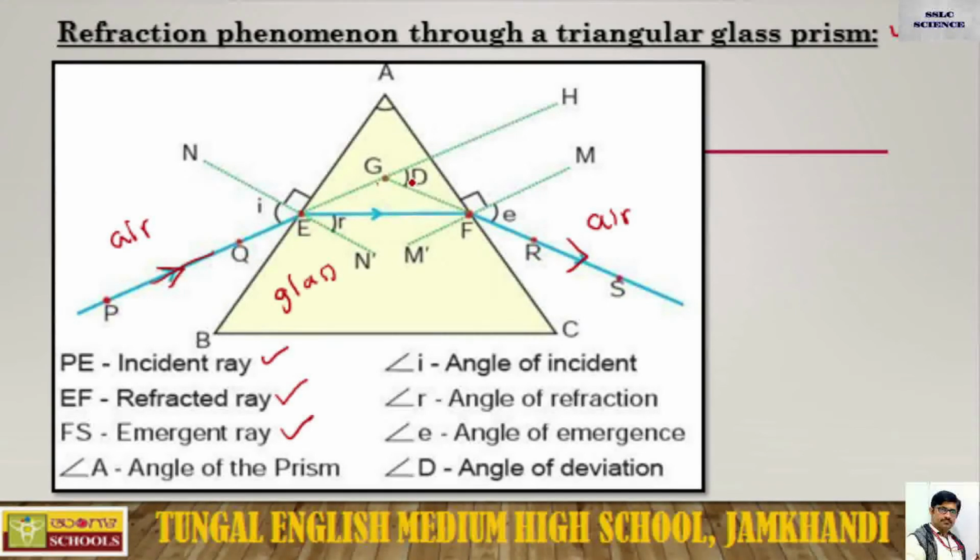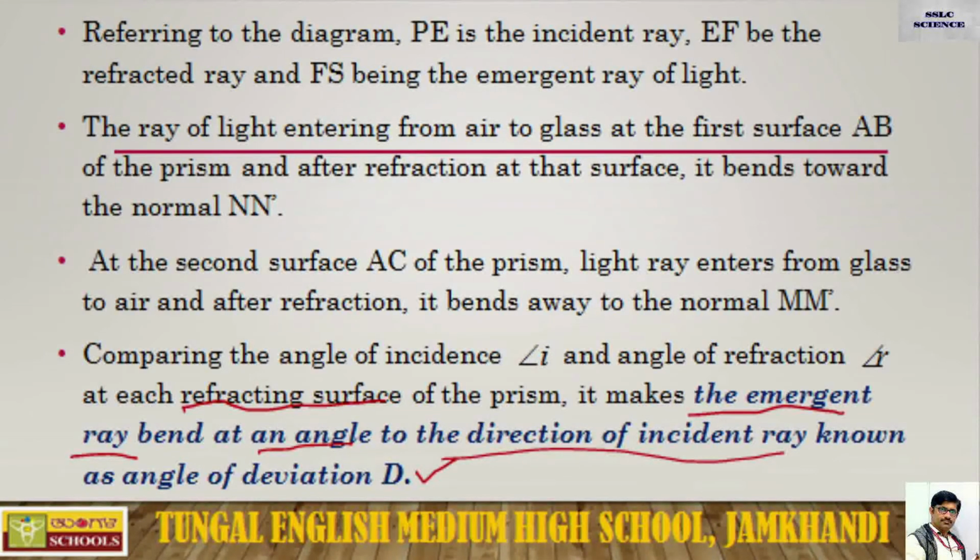This angle is formed when you extend the incident ray of light back and the emergent ray back. That's why I mentioned here that the emergent ray bends at an angle to the direction of the incident ray, known as the angle of deviation D.